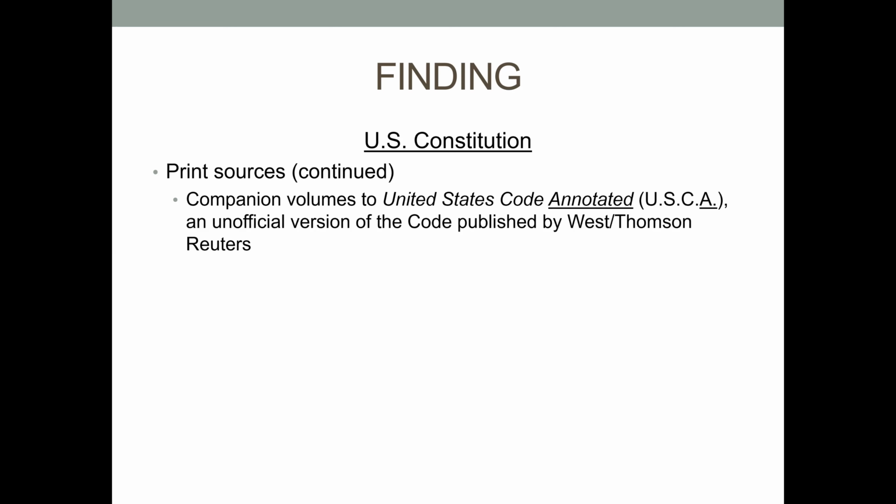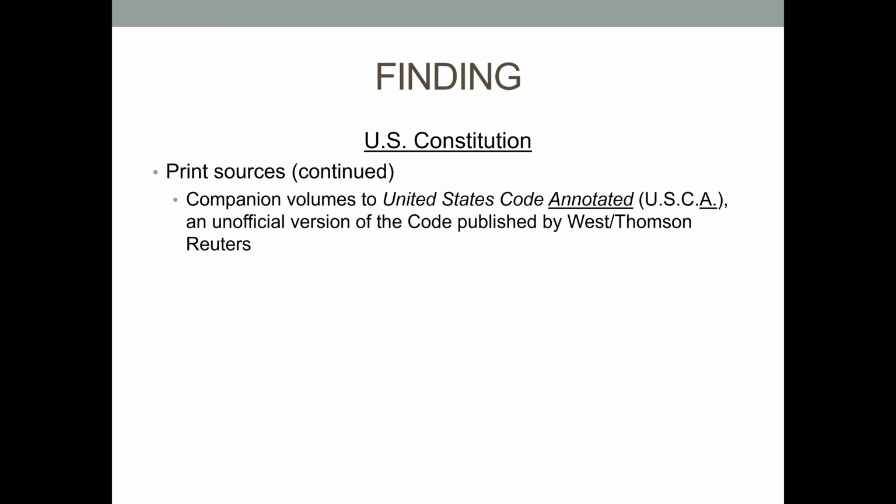Another way is to look in one of the unofficial publications that contain the United States Code. The first one here is the United States Code Annotated, or USCA. Now that is an unofficial version, meaning it's not government published, that is published instead by West Publishing / Thomson Reuters.